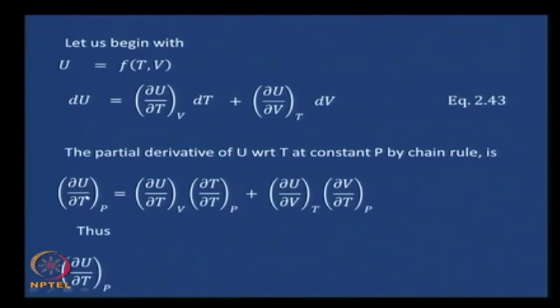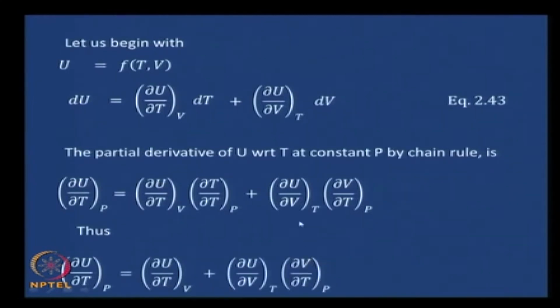Therefore, dou u dou t at constant p equals dou u dou t at constant v plus dou u dou v at constant t dou v dou t at constant p, equation 244. And now we have the variation of u with temperature at constant pressure, which is what we need, starting with data that gave us u as a variation of temperature at constant volume.